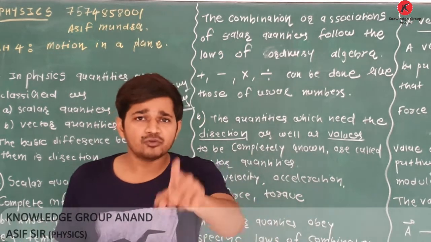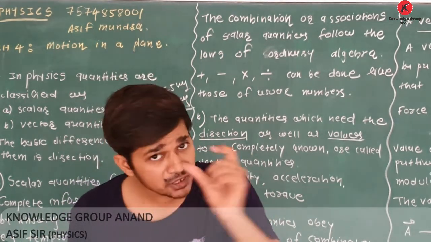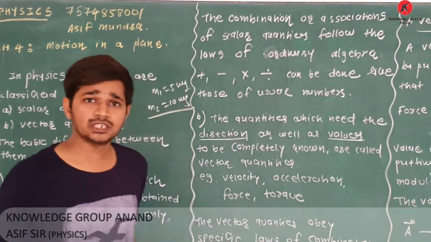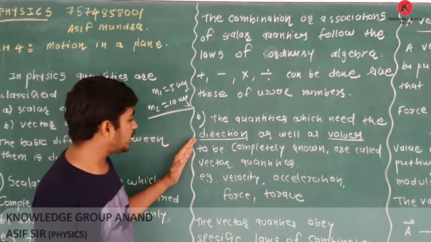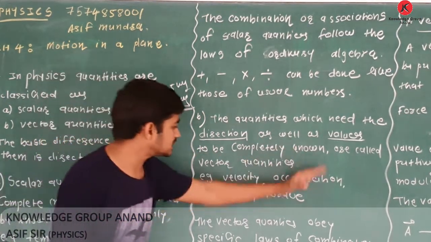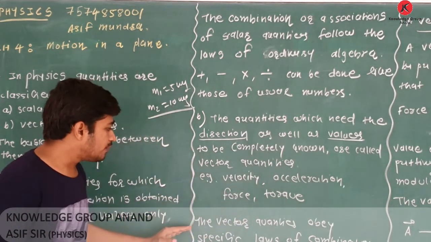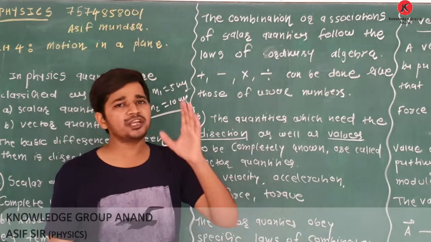For velocity, you have to indicate direction. Remember, plus or minus indicates direction. So the quantities which need direction as well as values to be completely known are called vector quantities. Vector quantities obey specific laws of combination.